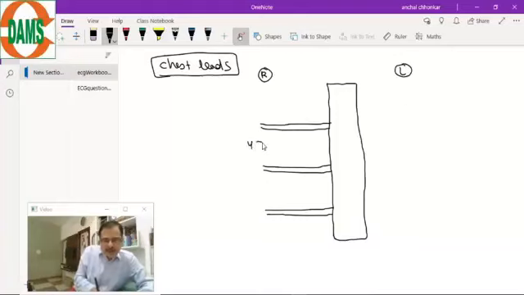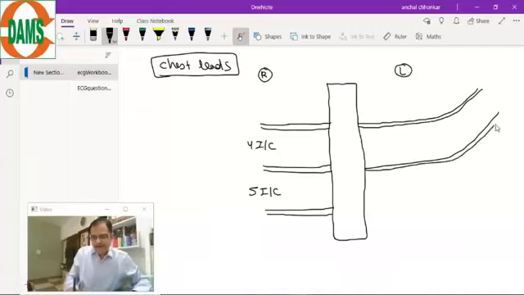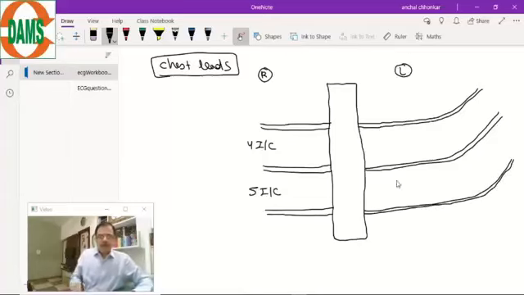Fourth intercostal space, fifth intercostal space.